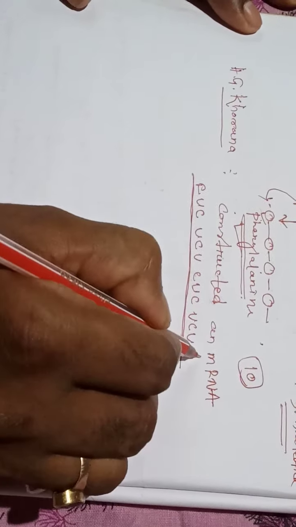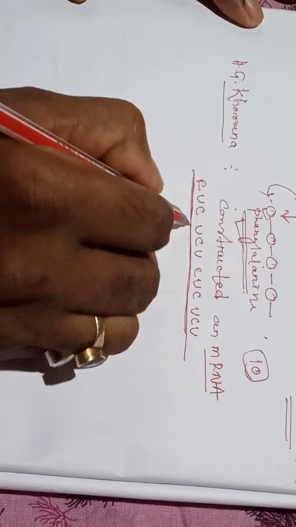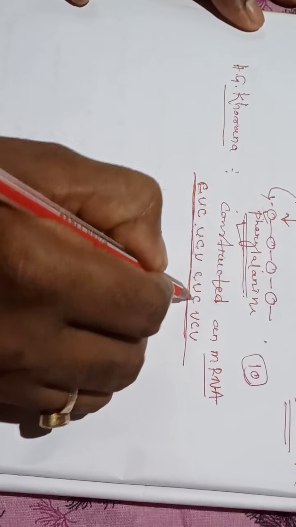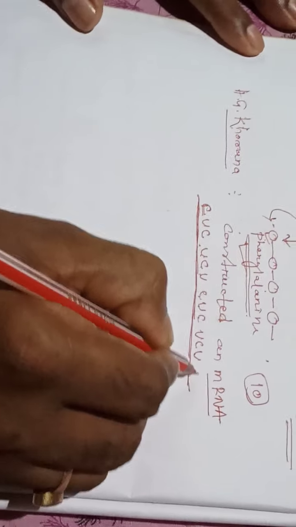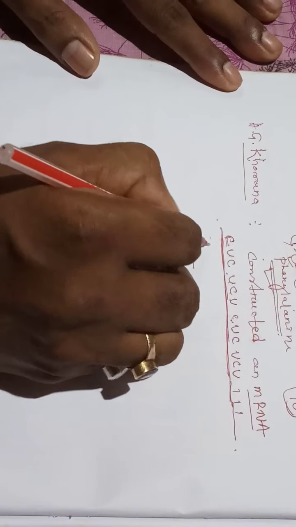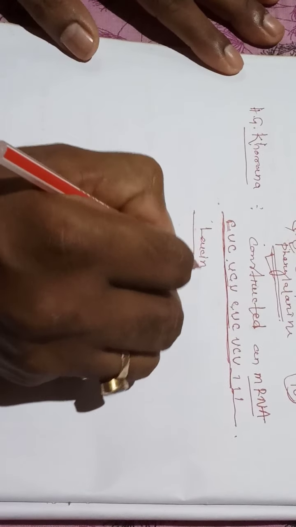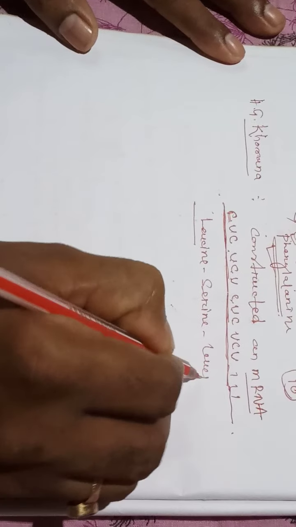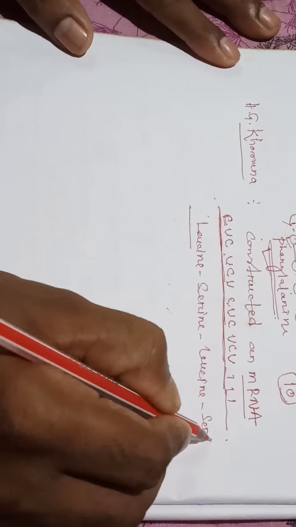He constructed an mRNA containing such types of nucleotides, CUC, UCU, CUC, UCU, in this manner. And he allowed it for translation, and it was found that in the protein, the amino acids found were leucine, serine, leucine, serine, in this manner.